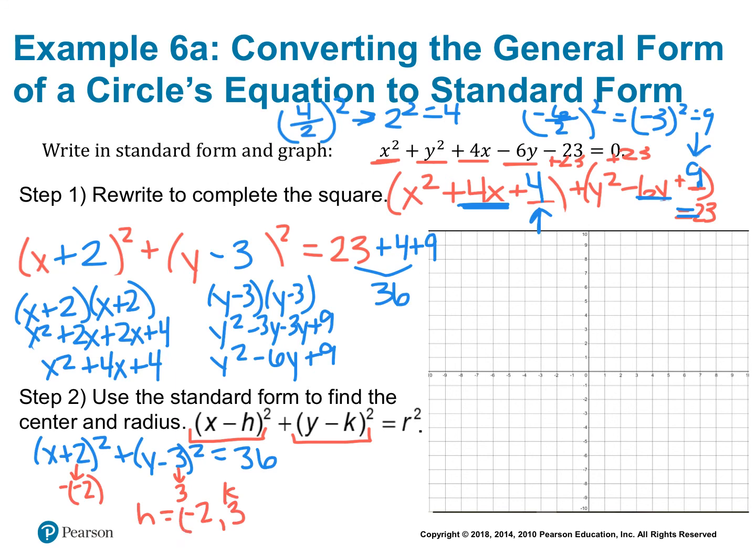So my center is negative 2, 3. And then the radius, 36, what would I square to get that? It would be 6. So negative 2, 3 is the center. Then I have a radius of 6.